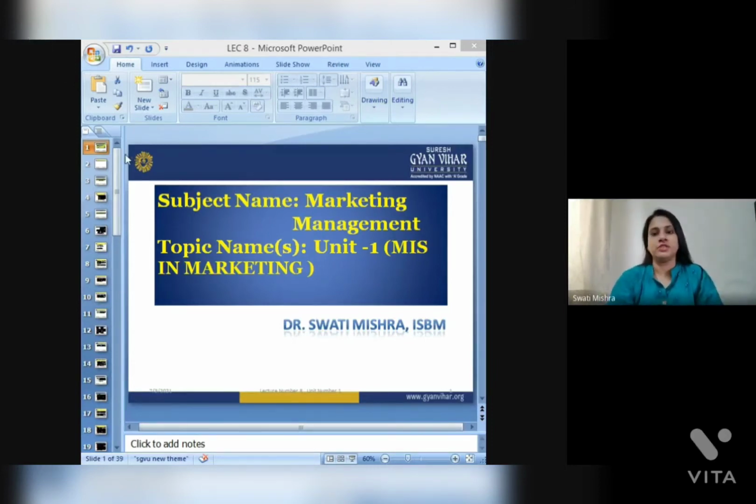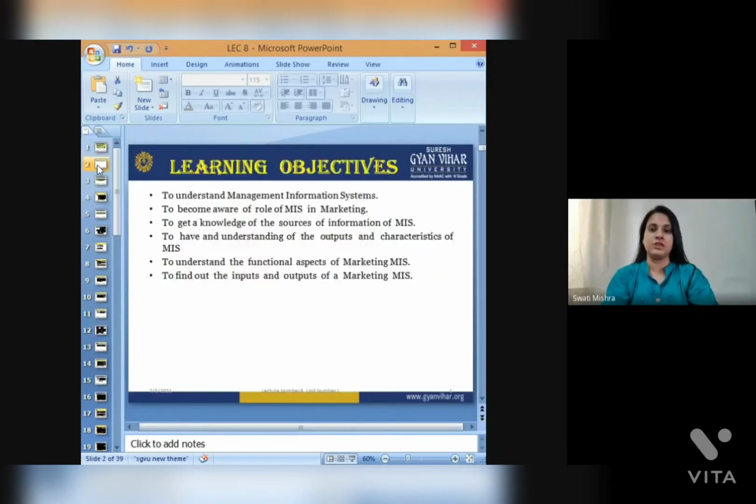As we proceed, the learning objectives of today's session are to understand management information systems, to become aware of the role of MIS in marketing, to get knowledge of the sources of information of MIS, to have an understanding of the outputs and characteristics of MIS, to understand the functional aspects of the marketing information system, and to find out the inputs and outputs of a marketing information system as well.